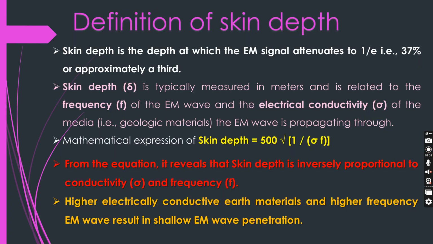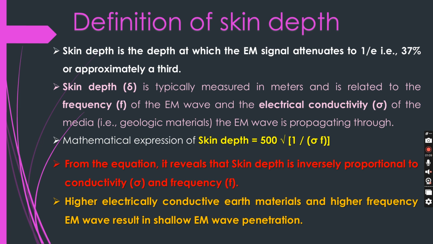How? Let us see. So let us define the skin depth. This is a fundamental video, please stay tuned, it is very interesting. So skin depth is the depth at which the EM signal attenuates to 1 by e. So 1 by 2.718281828, that value I have shown, no? That is indicating 37%, 0.37.